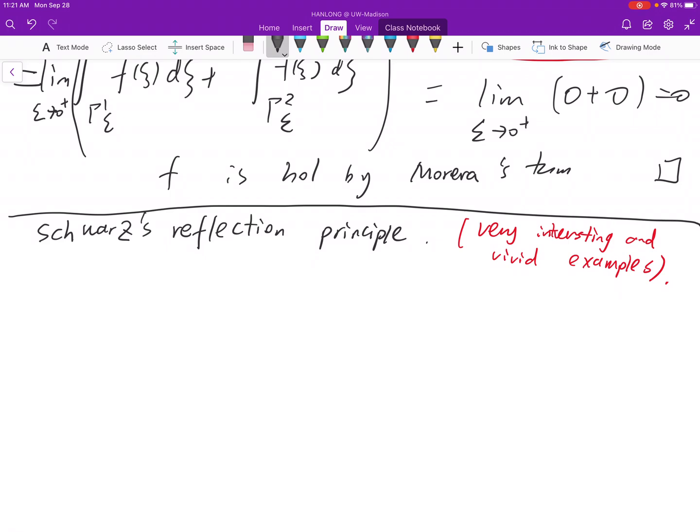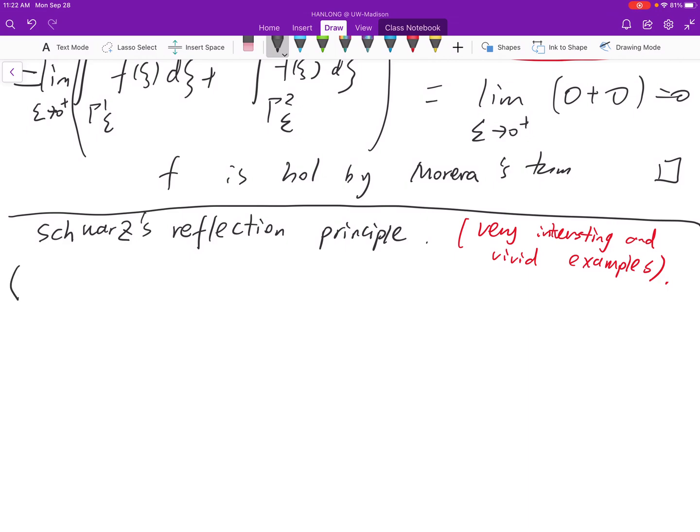The question is like the following. In general, it's very hard to extend a holomorphic function outside the original domain. It's easy to construct very weird domains such that the function cannot extend holomorphically outside.